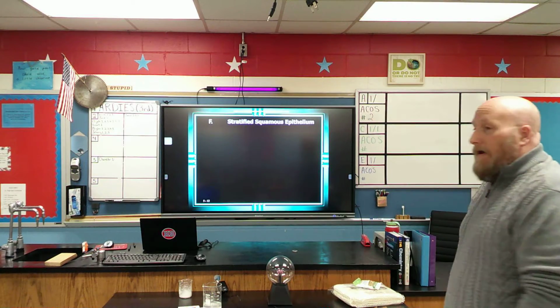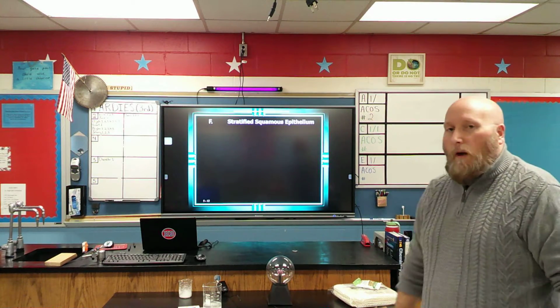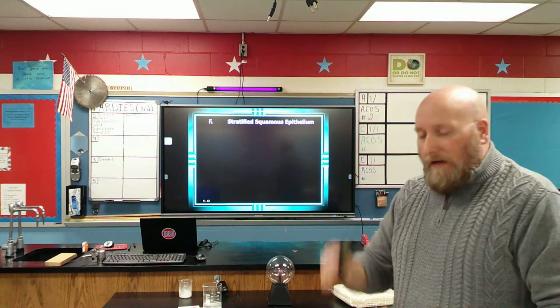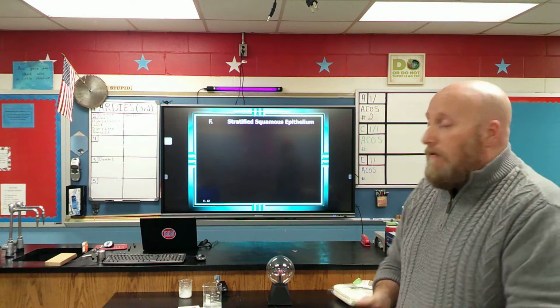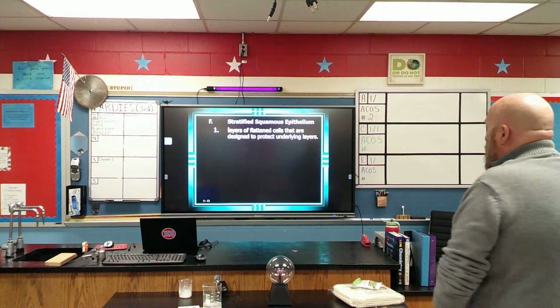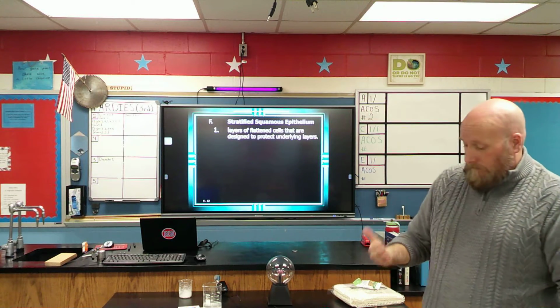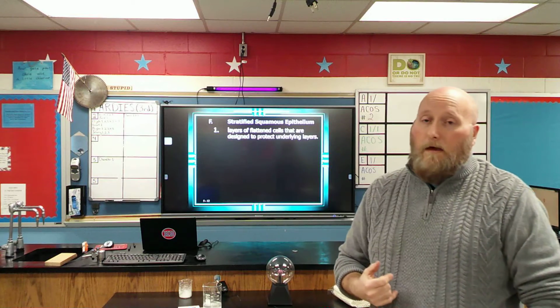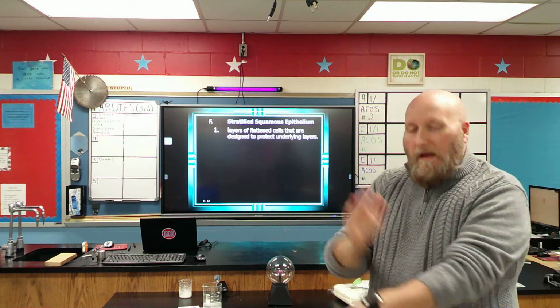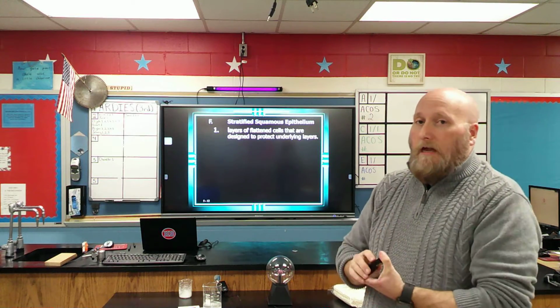The next one is stratified squamous. Hey, there's squamous again. So a bunch of layers of flattened cells. Layers of flattened cells that protect underneath layers. So again, the main place you'll find that is your skin.